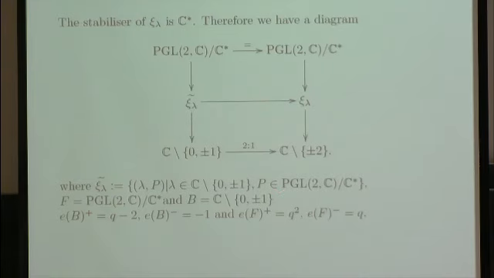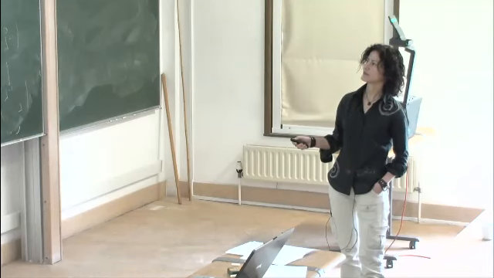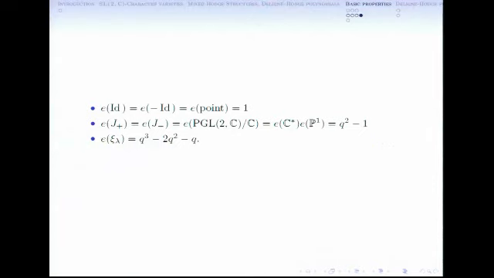Then you can compute also the same for the fibers, and you get that the Deligne-Hodge polynomial for this orbit is Q to the third minus 2Q squared minus Q. Let's plug all this together, and then you have 2 Q squared minus 1 plus 2 times this one, so it has to give Q to the third minus Q, and it is okay.